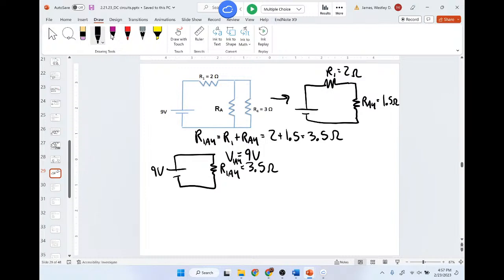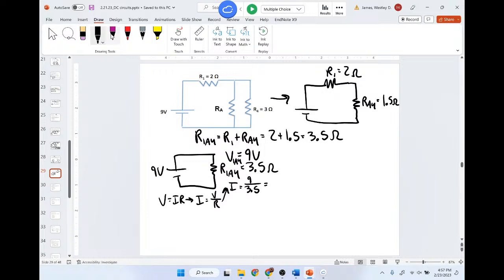Remember, voltage is a difference, so the voltage across this is the voltage across the battery. Just depends on which way you look at it, but you see the voltage of the resistor is the voltage of the battery. V equals IR, so if I want to solve for I, it's going to be V over R. So I equals 9 over 3.5, and I can get the current through R1A4.